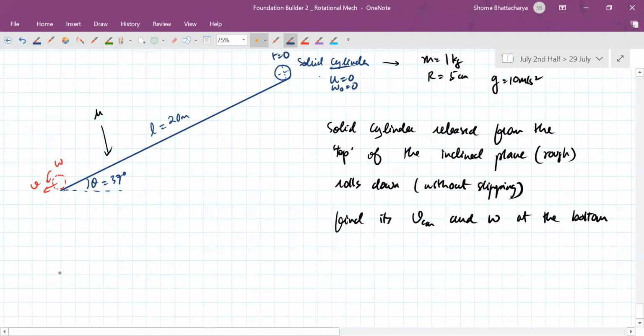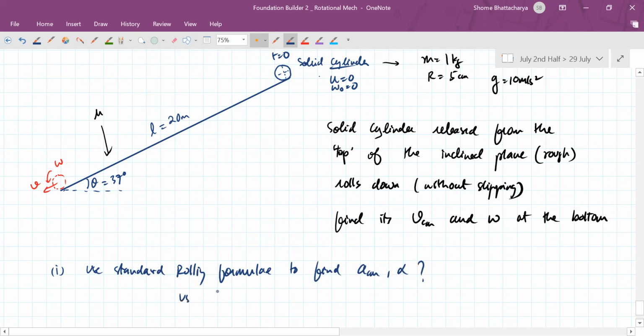So we have two options here. One option is to use the standard rolling equations to find ACM, alpha and all these things, and then use kinematics to find VCM and omega.